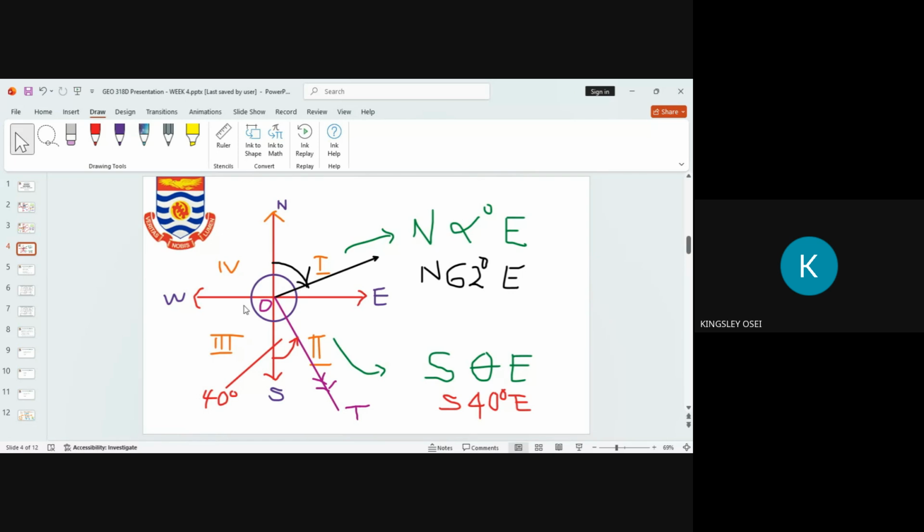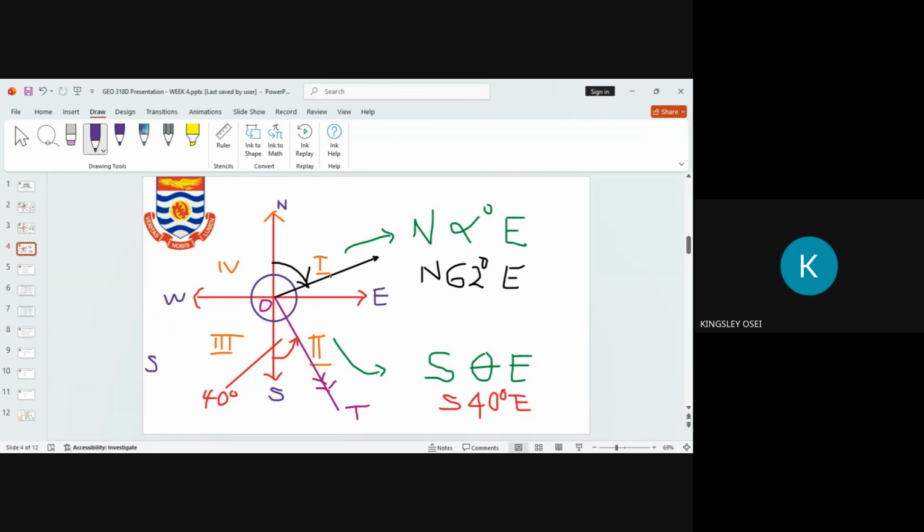All right. So we go to the third quadrant. Third quadrant, the language there is south, head towards west. So the general writing is this way. South. I want a symbol for my angle.